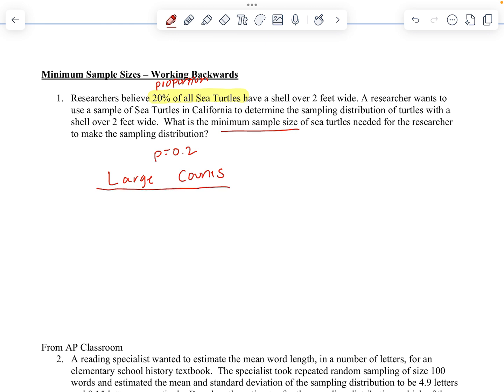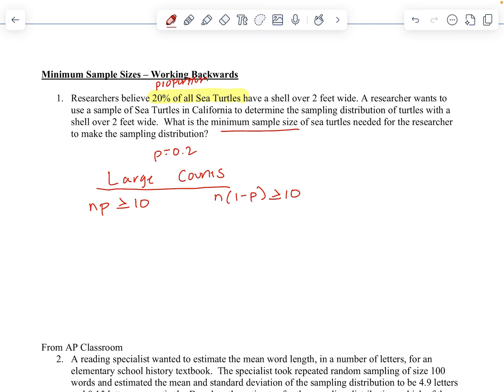So in the large counts property, we need to know that we expect at least 10 that have a shell over 2 feet wide. And we need to expect that we have at least 10 that do not have a shell over 2 feet wide.